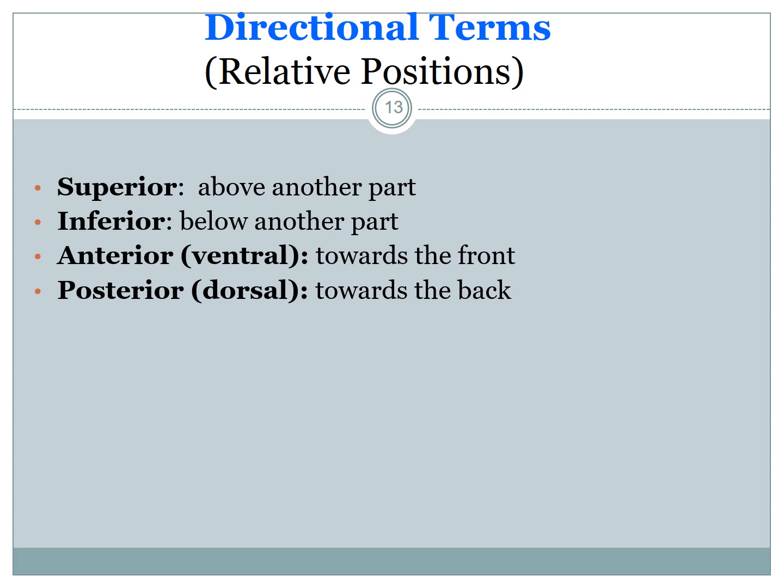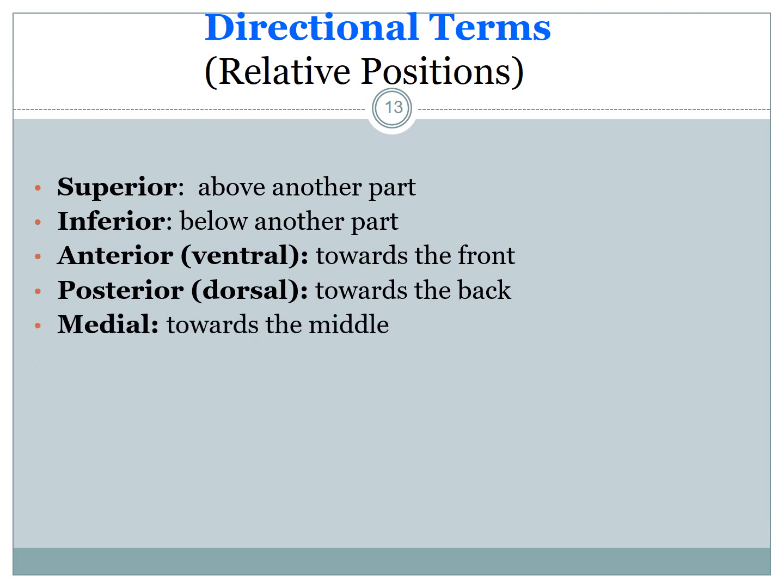You don't need to really worry about when to use anterior and when to use ventral. That'll be explained. So anterior means towards the front. I could say your abdomen is on the anterior part of your body. Posterior means towards the back. Your scapula is located on your posterior aspect. Your scapula meaning your shoulder blade.